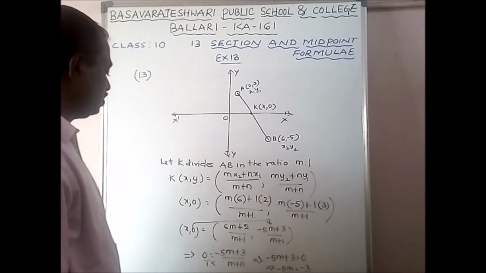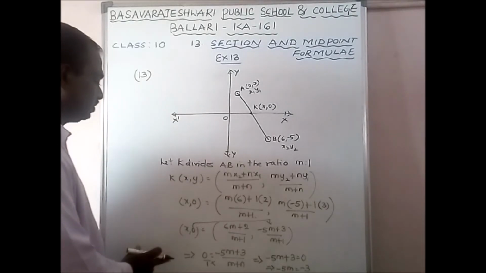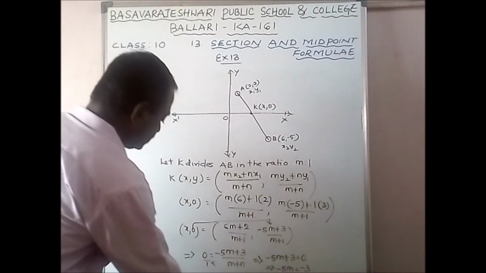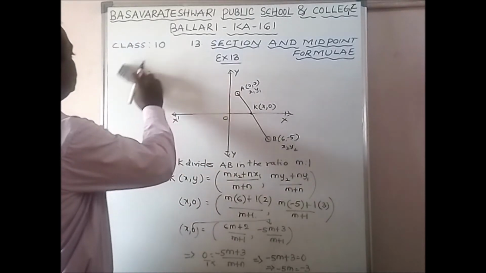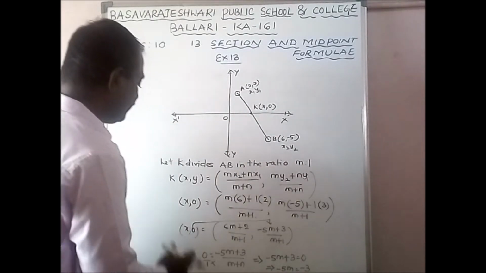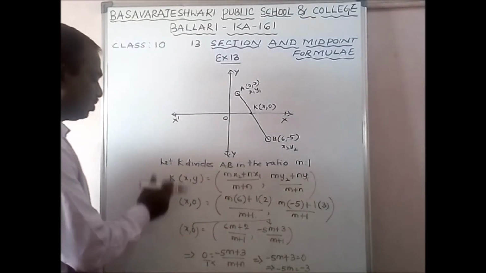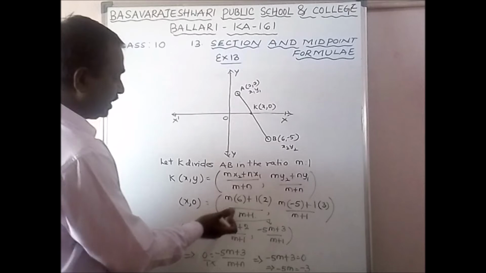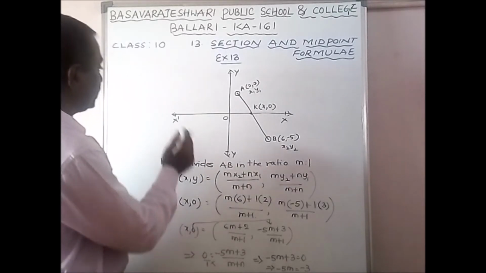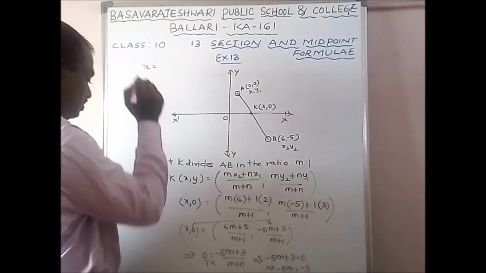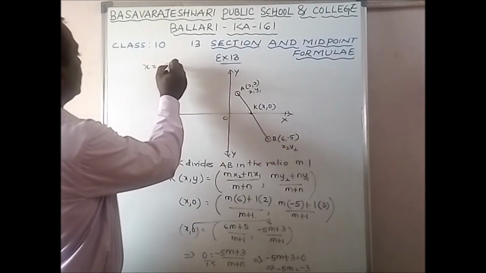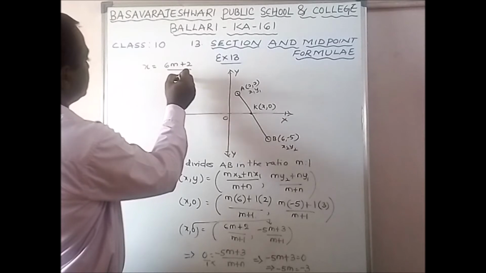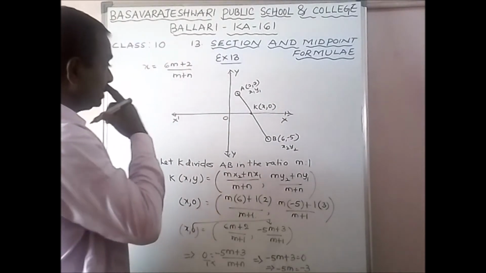Now what do you have to find out? You have to find out the coordinates of K. I know the value of m, so I can substitute in the x coordinate. x is equal to (6m plus 2) by (m plus 1).